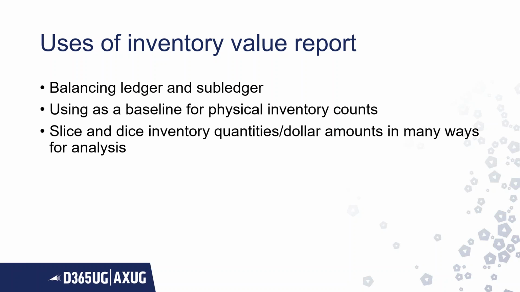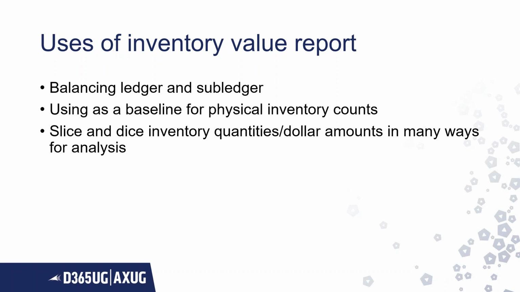Another good use of the inventory value report is as a baseline for physical inventory counts. You can compare with your accounting journals and see what you had when you started, and use it as a report to go back and reference once you're done with your physical inventory count to see how far off you were.